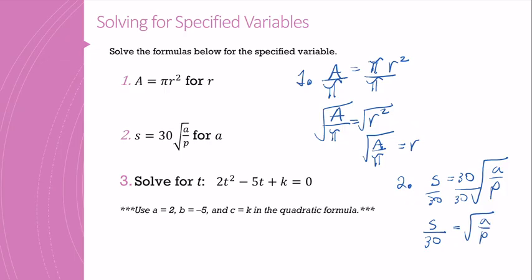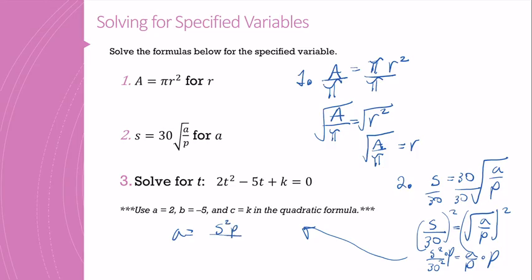And in order to get rid of the square root, I need to square both sides. So I get s squared over 30 squared is a over p. And if I multiply both sides by p, that's going to get my a all by itself. So I have a equals s squared p over 30 squared.